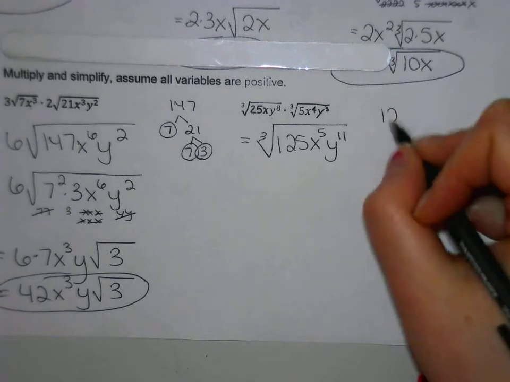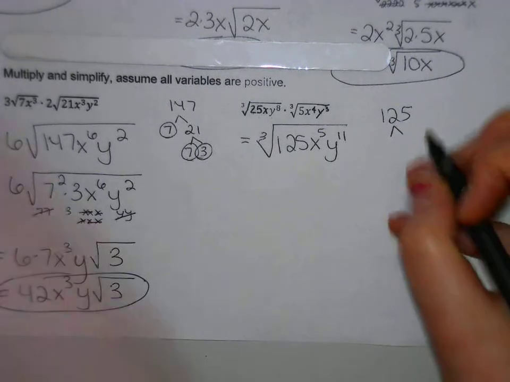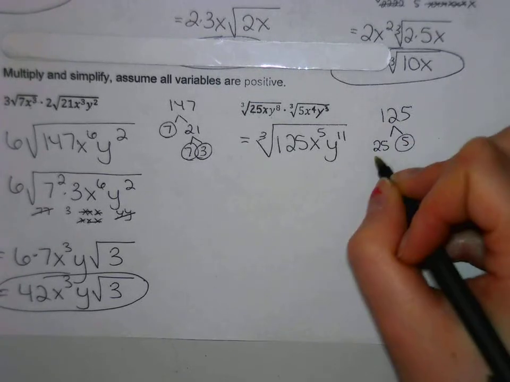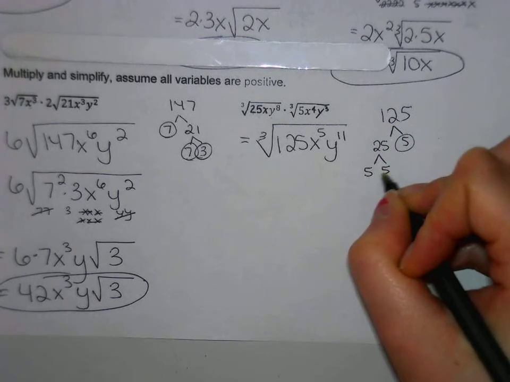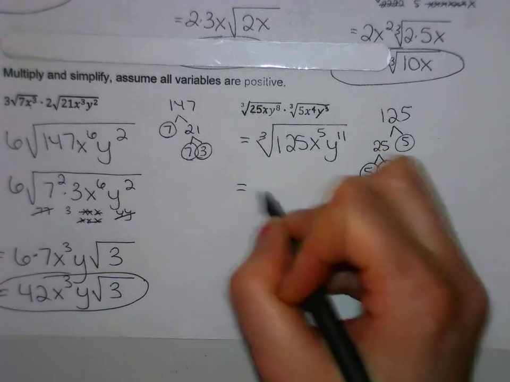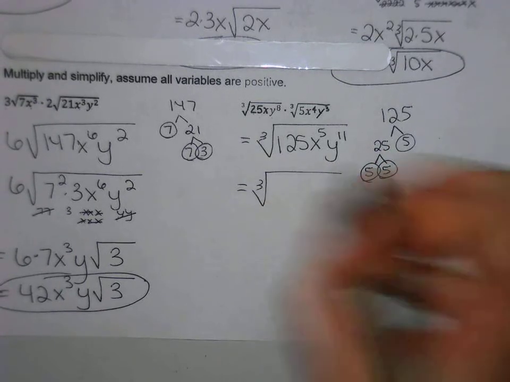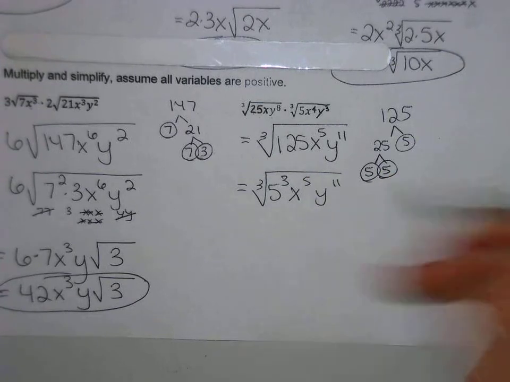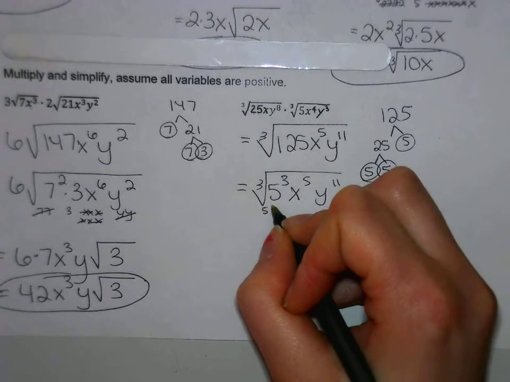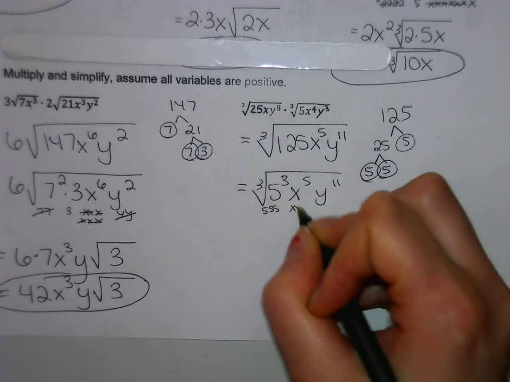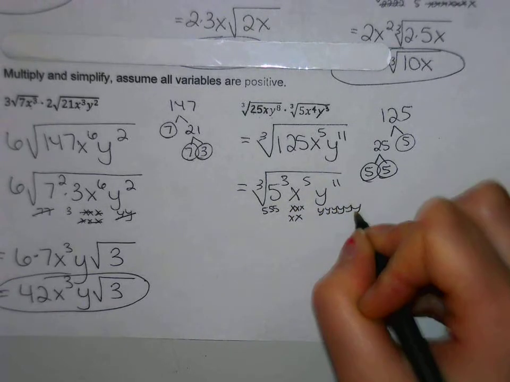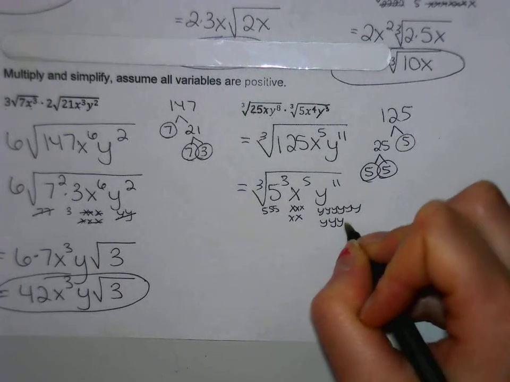So if we look at 125, we know we can multiply that together by 25 and 5, which is prime, and 25 becomes 5 and 5 as well. So we can rewrite this as the cube root of 5 to the 3rd, x to the 5th, y to the 11th. So we have three 5s, 5 x's, and 11 y's.